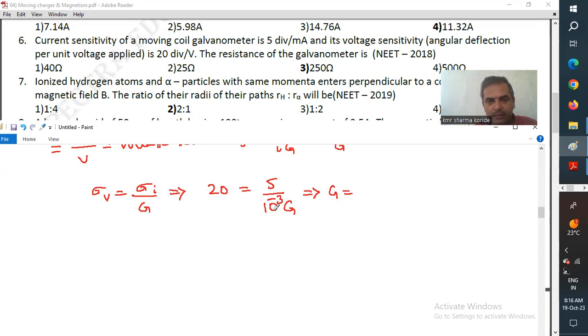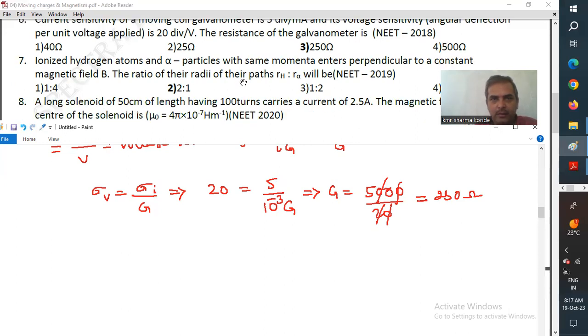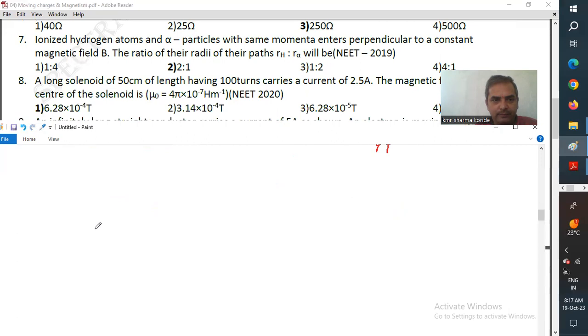So G is equal to 5,000 by 20, which is 250 ohm. So this is given in 2018 NEET. Third option is correct.